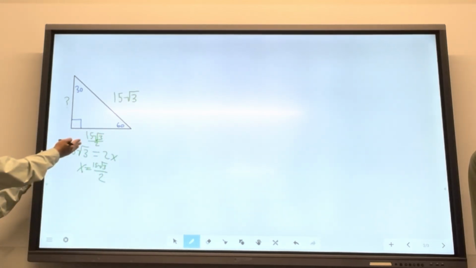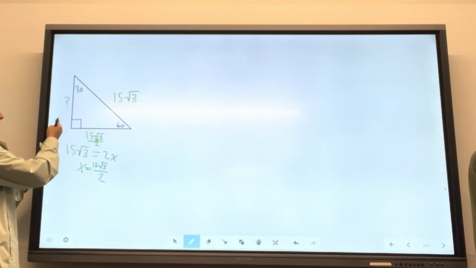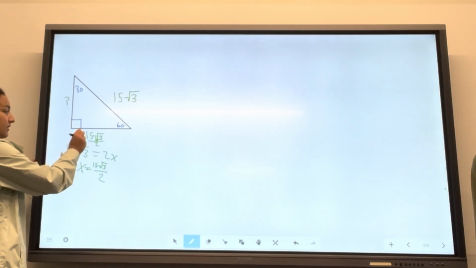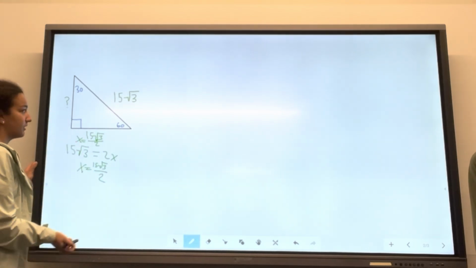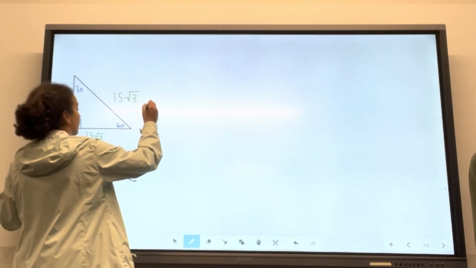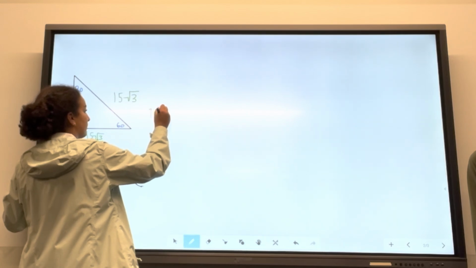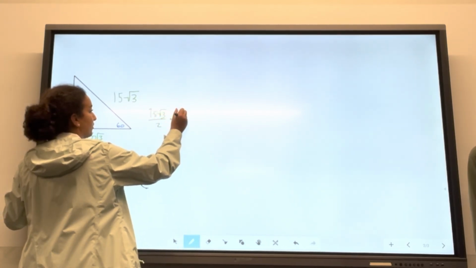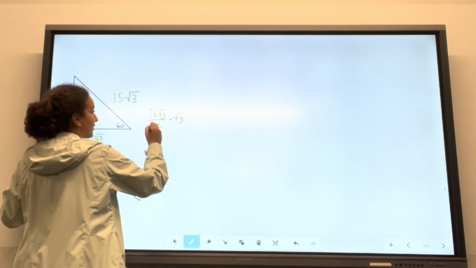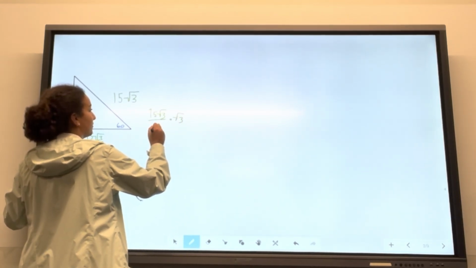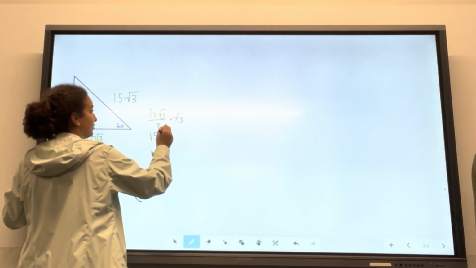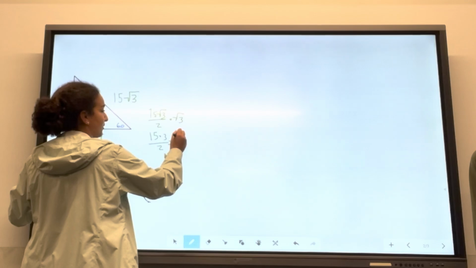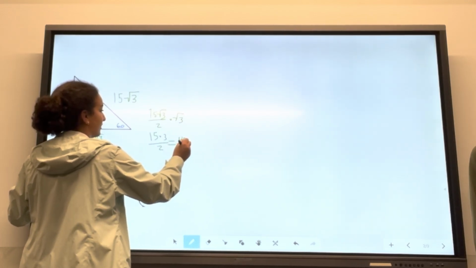So now that we have this side, we can now figure out this side, which would be x root 3. So since this is x, we can find what this is. So we would have 15 root 3 over 2 times root 3, which would equal 15 times 3 over 2, which would equal 45 halves.